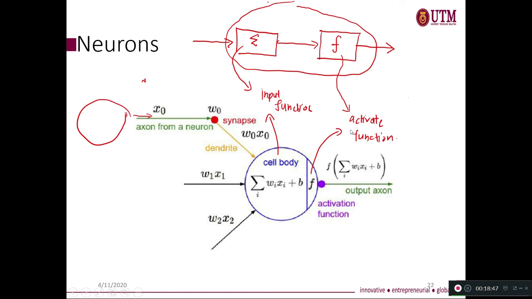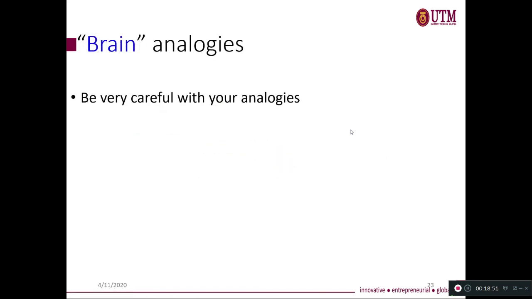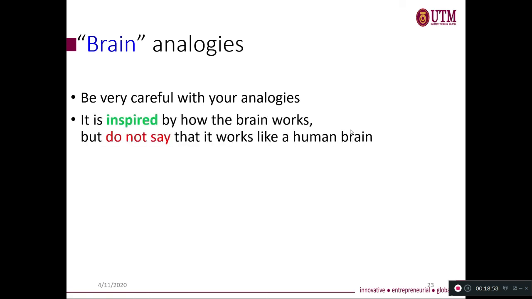But biologically, that is not how the brain works, so in practice we cannot say that it works like the human brain. That's why we still have drawbacks: the artificial neural network still doesn't accurately recognize some things, and still has limitations, because we just made some assumptions.